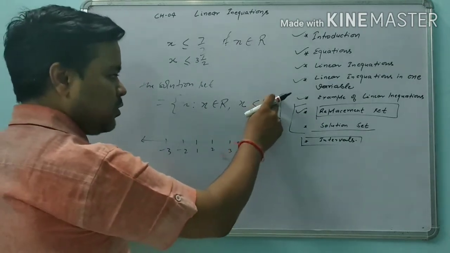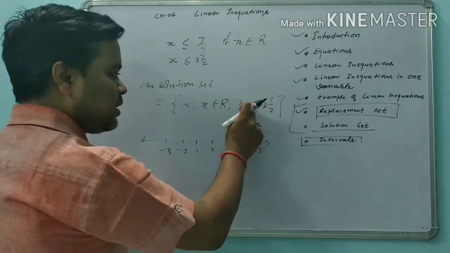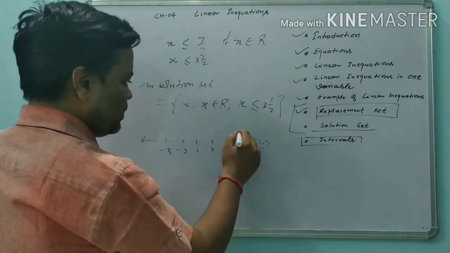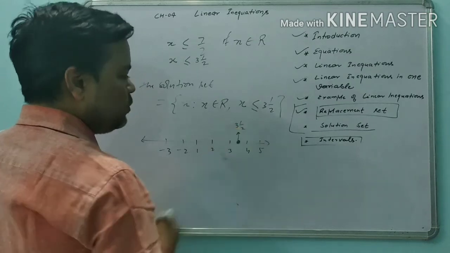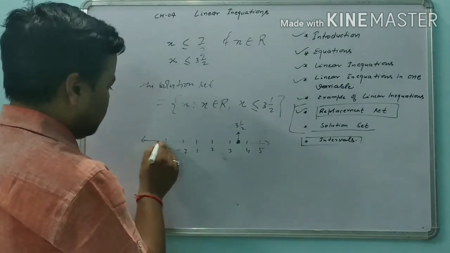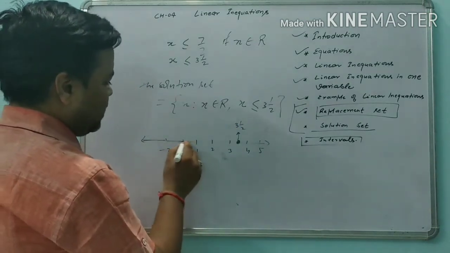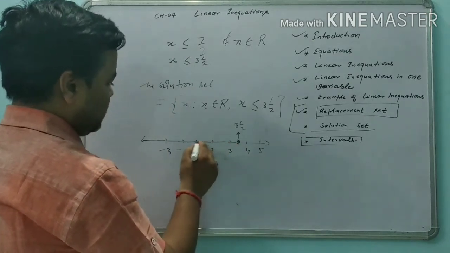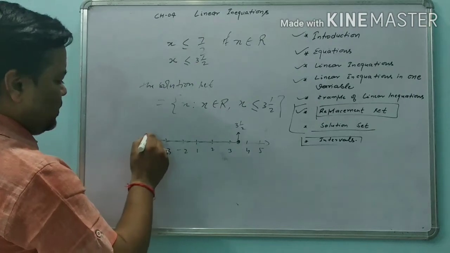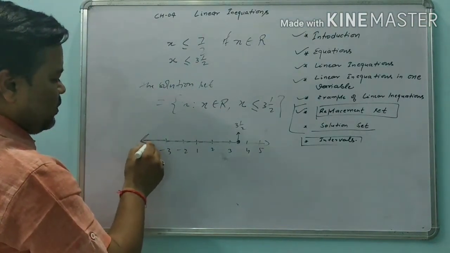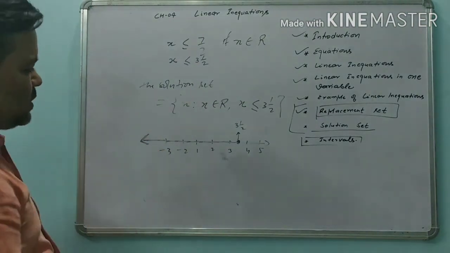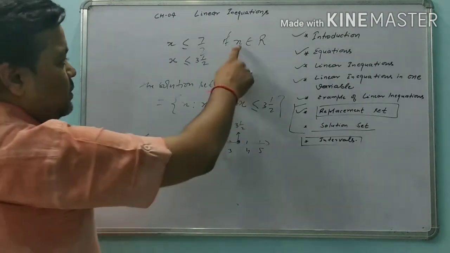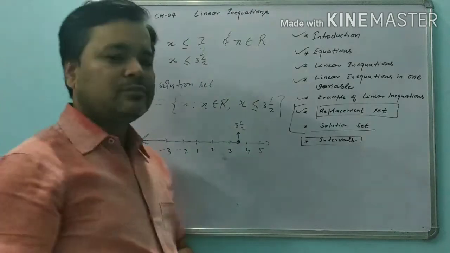Means 3 1/2 is also a solution of x. So here this thing, and it is 3 1/2 and all the values which are less than 3 1/2. Don't make a dot here. Okay, like this, make a dark line, and here this also.